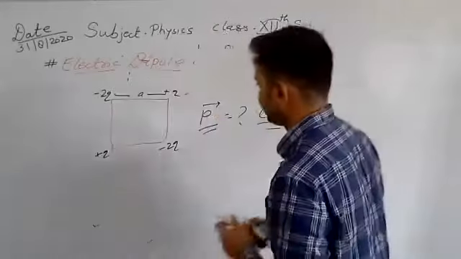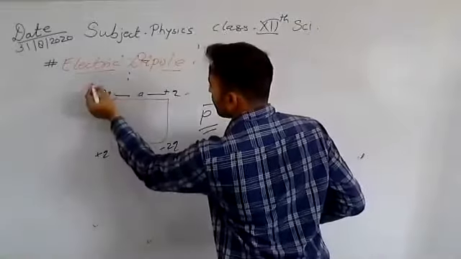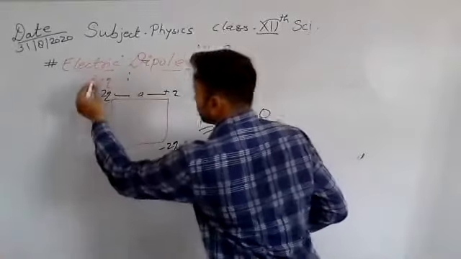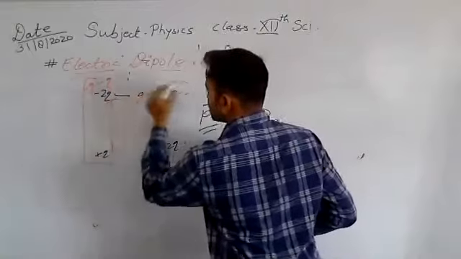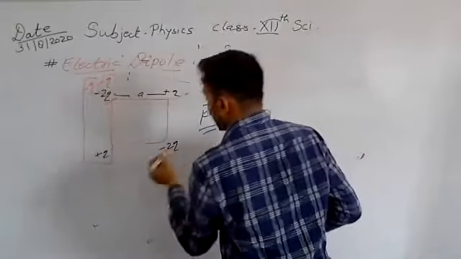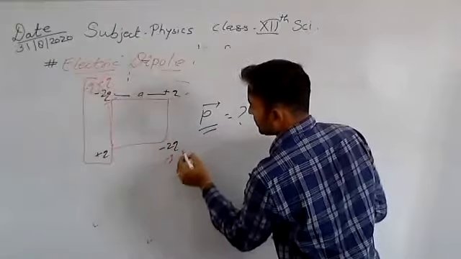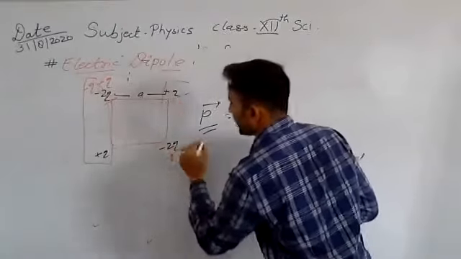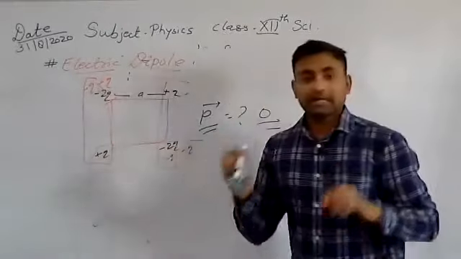Let's see. Minus 2q, minus q, minus q. This will be a dipole. So minus 2q and minus q will be a dipole, and this will be another dipole.